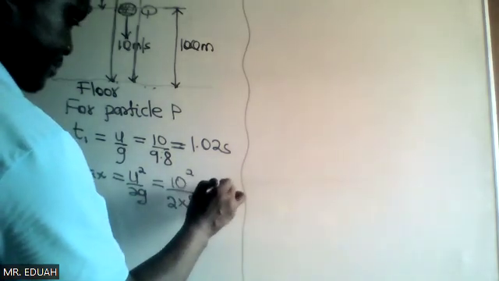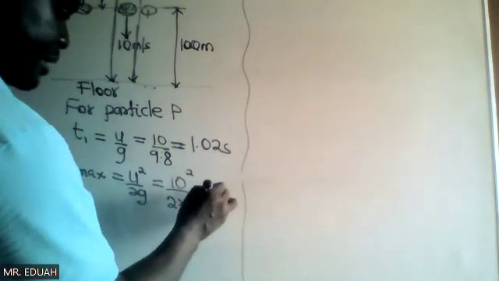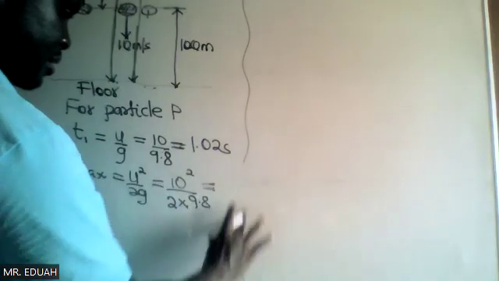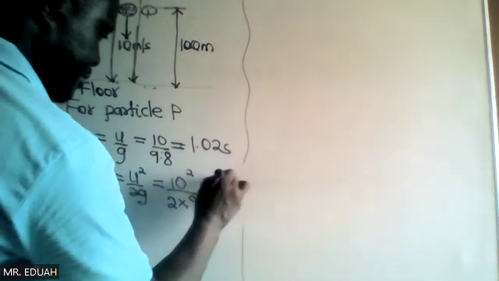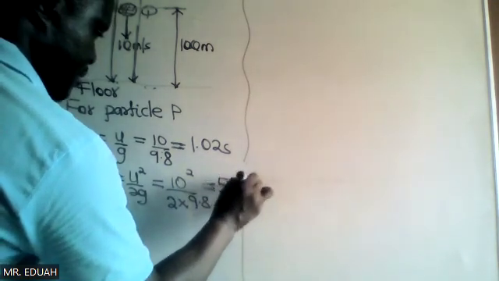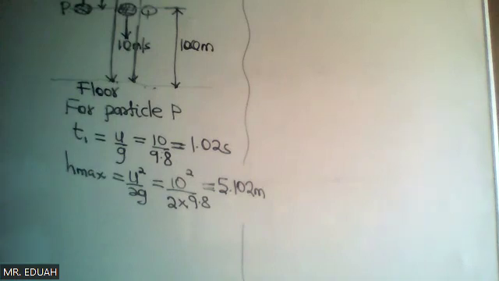That is 0.51. No, it would be greater, because 50 divided by 9.8 is 5.102. All right, so this is the maximum height.